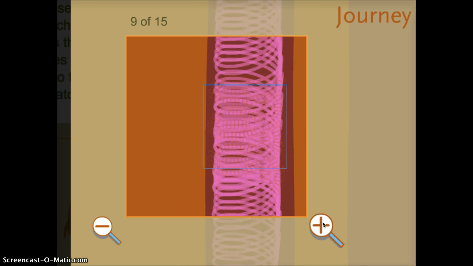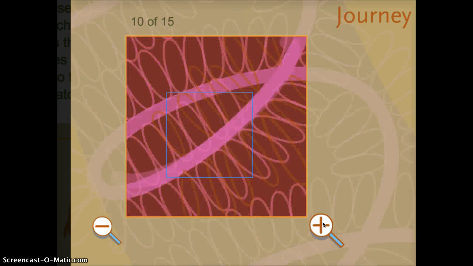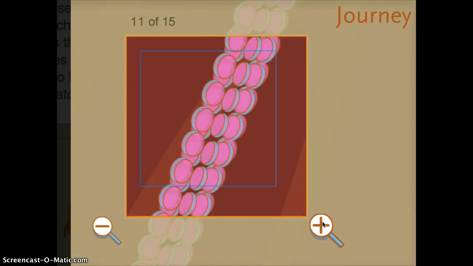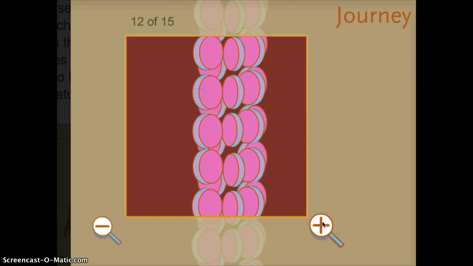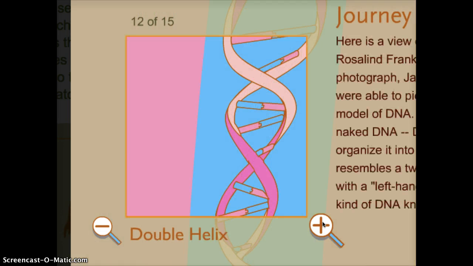Zoom in even farther, you get little pieces called chromatin loops, then chromatin scaffold, and then nucleosomes. And finally, you get to this, which is your DNA. It says double helix because that's the shape of DNA.